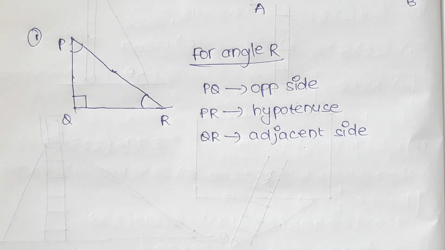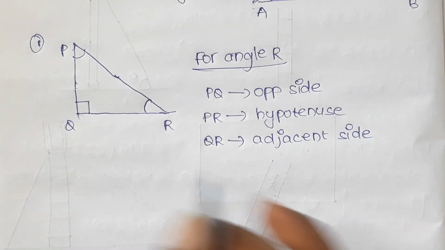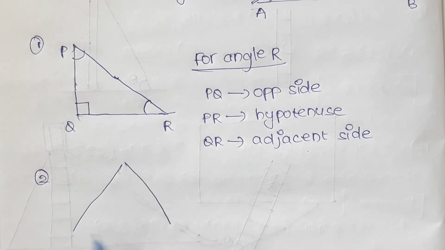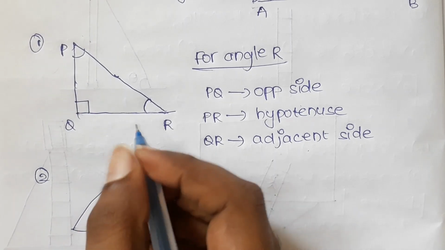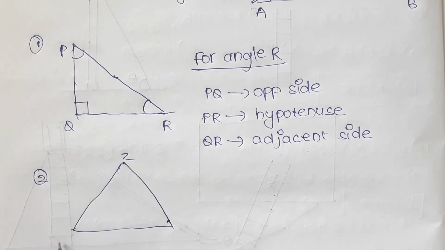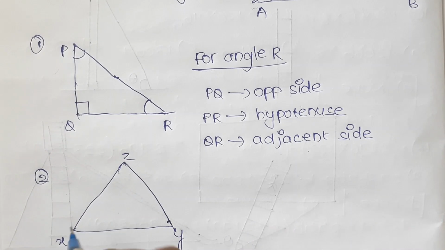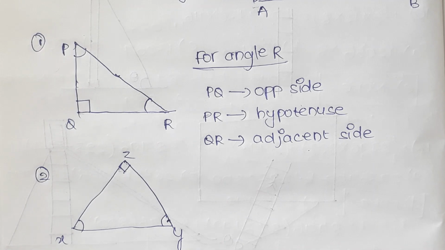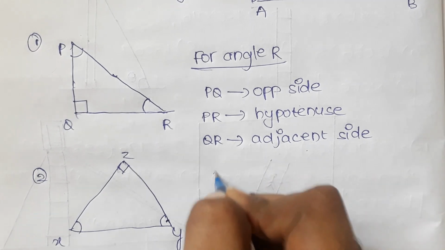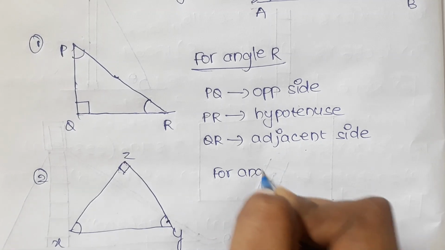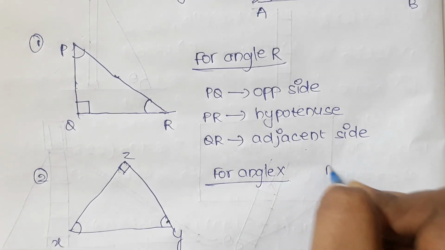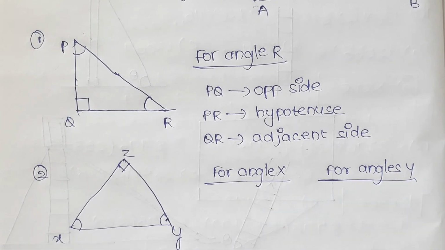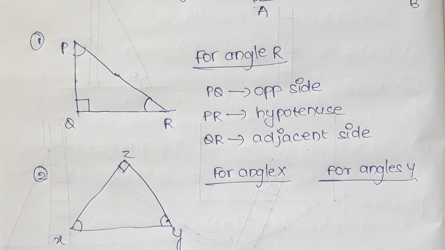And now, let us see another triangle, XYZ. Here for this triangle we should find, for angle X and for angle Y also, the opposite side, adjacent side and hypotenuse.